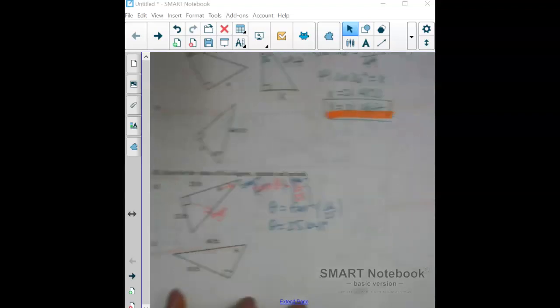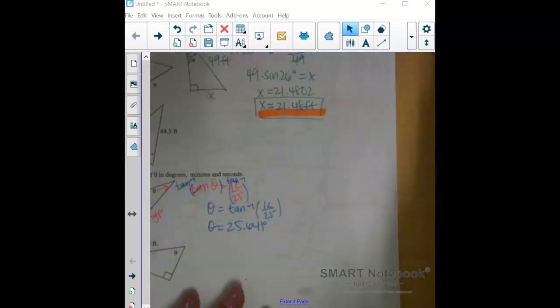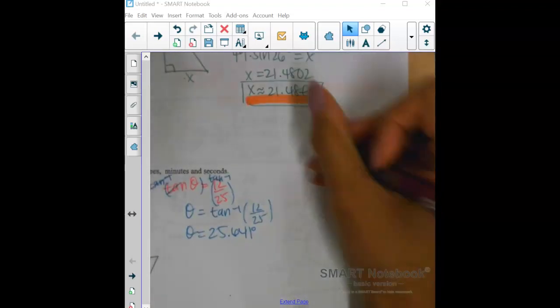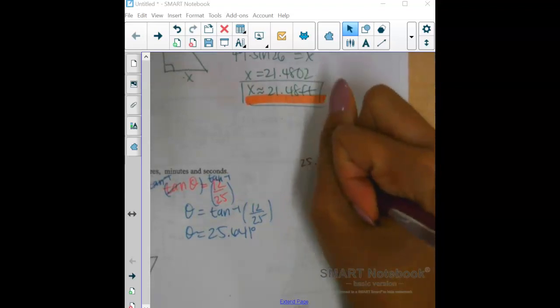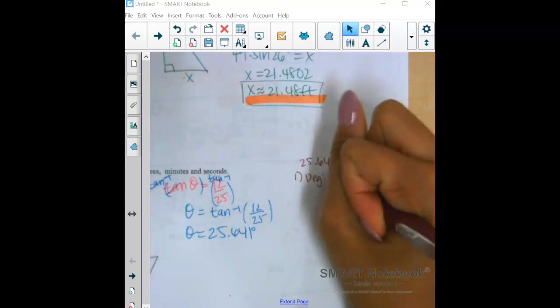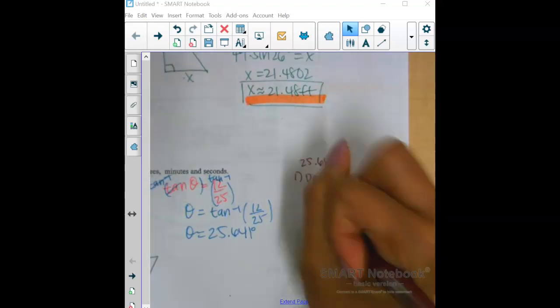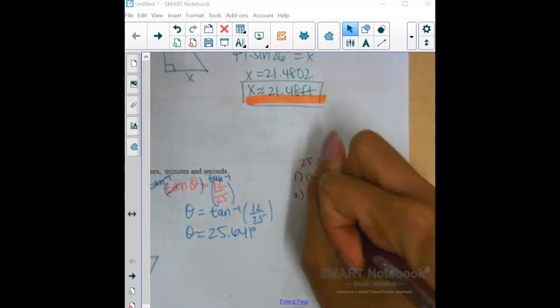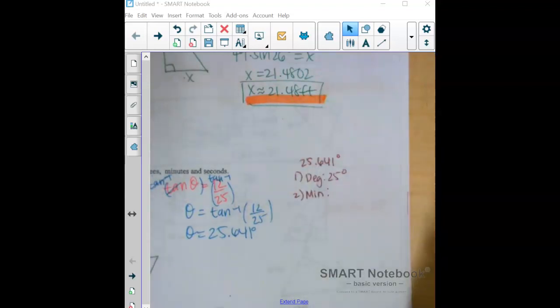So what I need to do over here to the side is actually solve. And I'm going to zoom in a little bit. So I'm going to take the 25.641 degrees. In step 1, we need to identify the degree. That's 25 degrees. Step 2, we need to convert this from degrees into minutes.